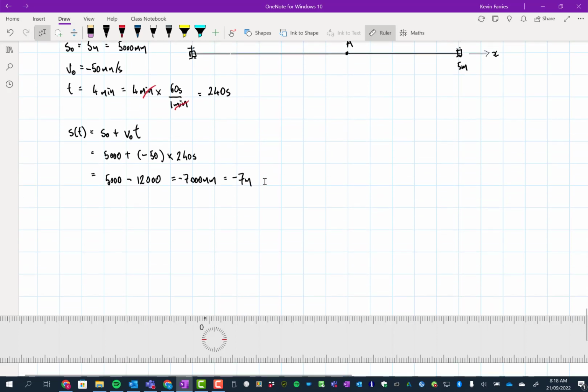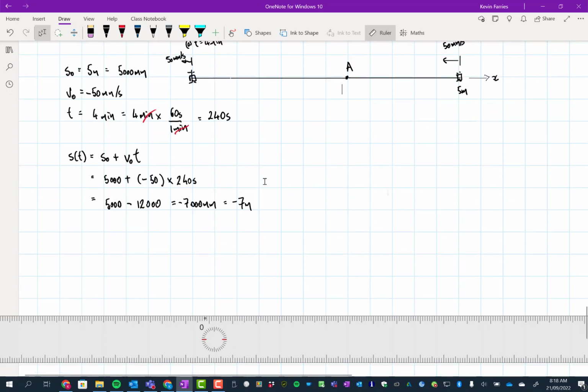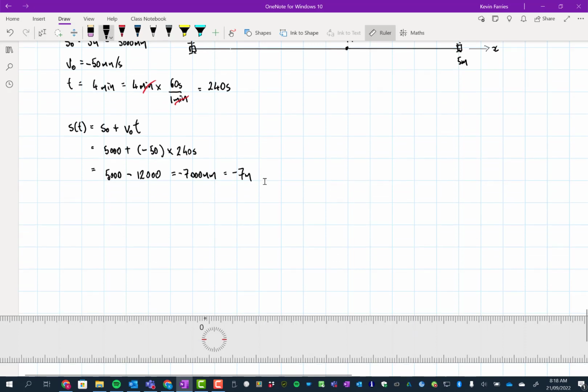What's the total distance that that robot has traveled? So let's just write that out actually first. Displacement. So the displacement from A is equal to minus 7 meters.